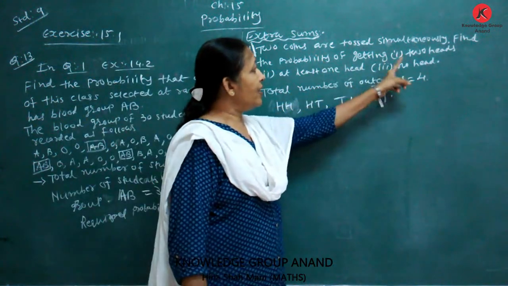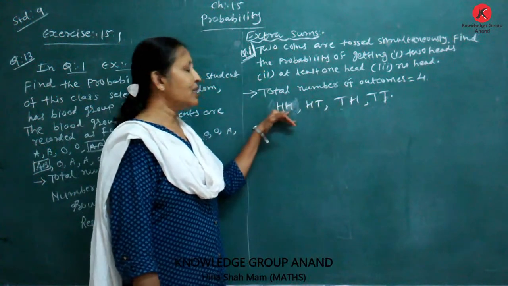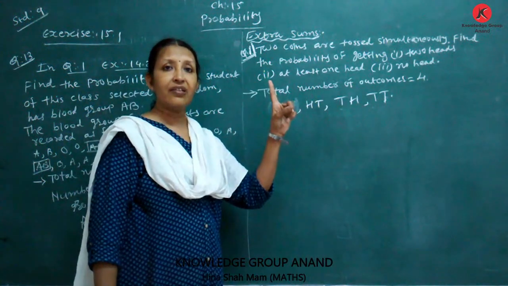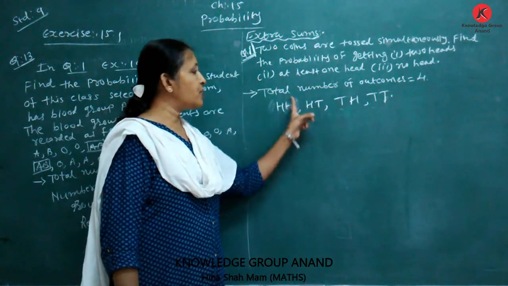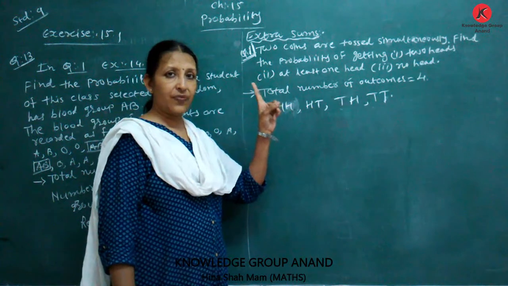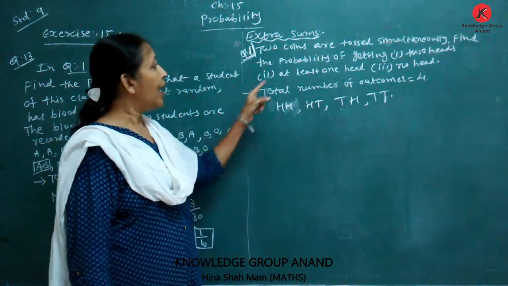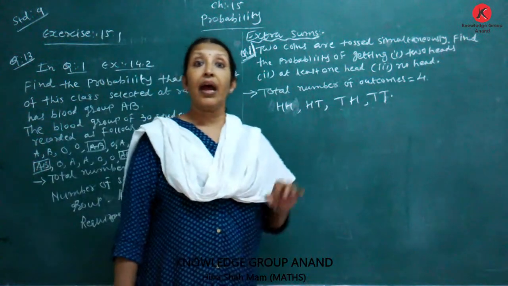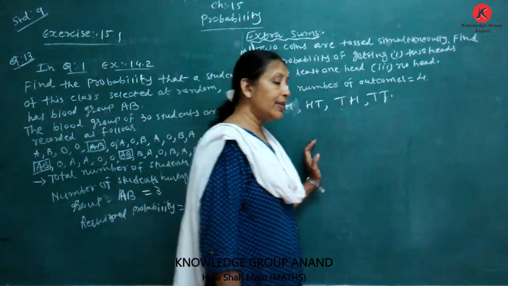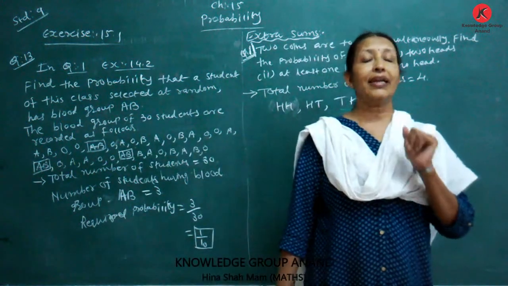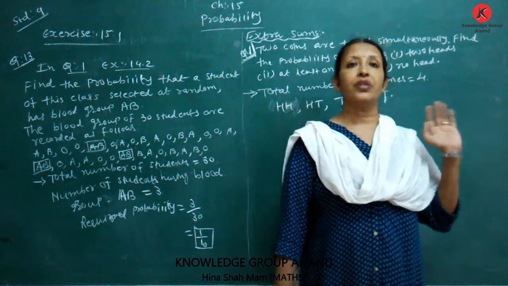Find the probability of getting 2 heads. 2 heads is only one event, so outcomes is equal to 1. 2 heads is HH, that is 1 by total number, which is 4. At least one head. The meaning of at least is not less than 1, that means 1 or more than 1.